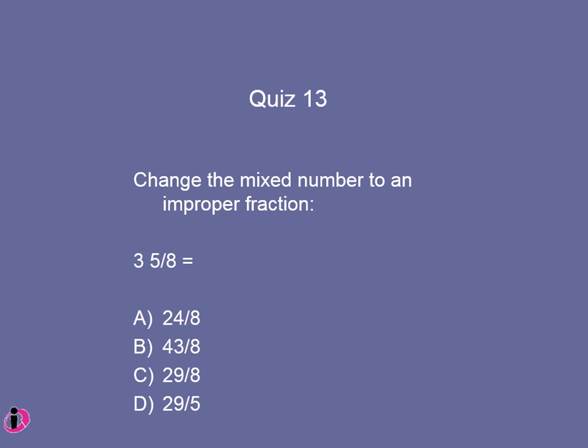We just multiply 3 times 8, right? Plus 5, right? Whole number times denominator plus numerator. That makes it 29, right? But my denominator still remains the same. It's 29/8, which is C.